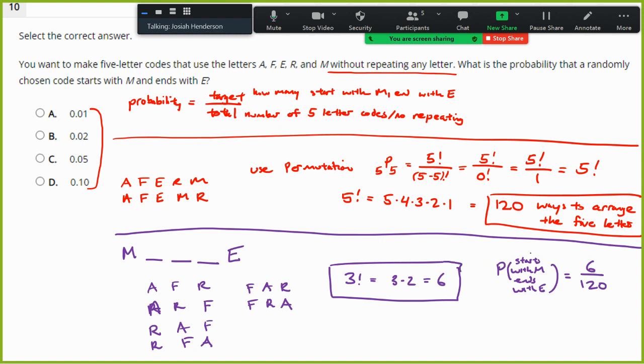There were 6 ways to have it start with M and end with E, and there's 120 ways total. So 6 divided by 120 is a 5% chance.